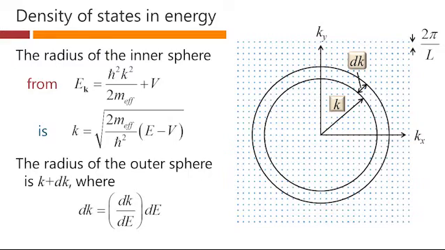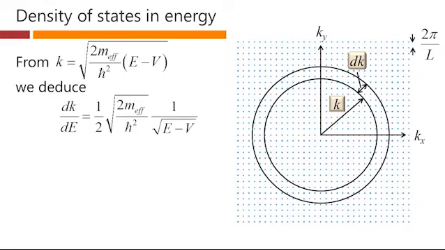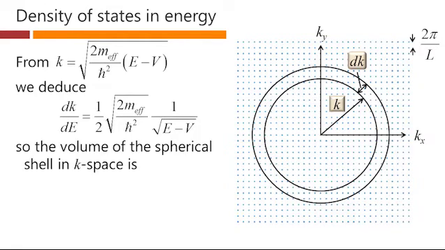So that would give us our dk here that we could then use to calculate the number of dots between these two spheres inside this shell. Well, from our expression for K, we can work out this derivative. Straightforward differentiation gives us this answer.